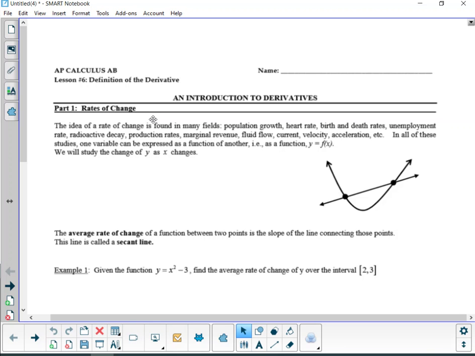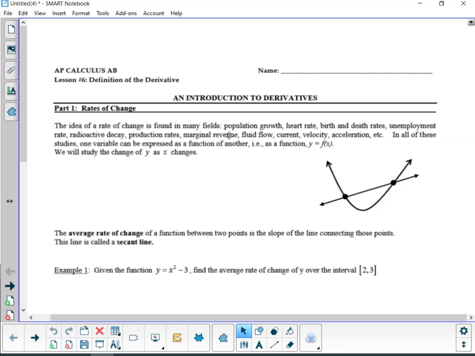Before we talk about a derivative, which is an instantaneous rate of change, we're going to talk about an average rate of change. Any kind of rate of change, or the change between 2 points in time, is typically what we're talking about. Anytime we talk about something increasing or decreasing, we're talking about a rate of change. Every time in Algebra 1 you measured slope, you were talking about a rate of change.